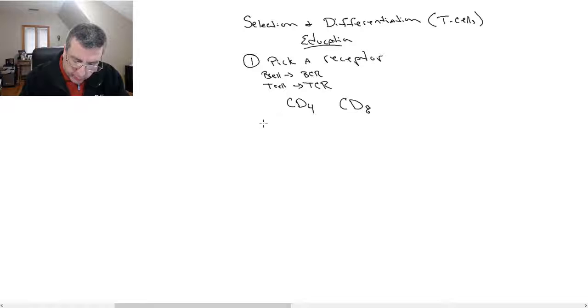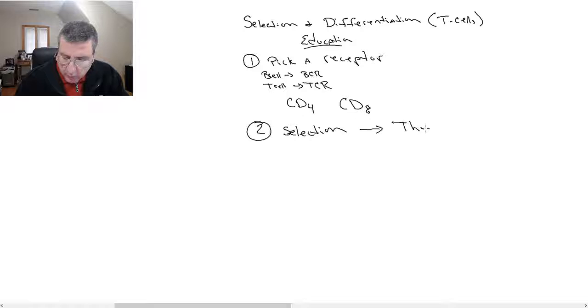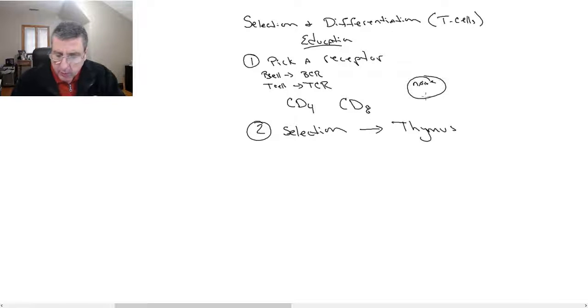So now we're going to start step two, the selection phase. And for T cells, that's going to be the thymus. Now, this is a T cell, which is a naive T cell, and it has a receptor on it. Let me do a couple of different colors here. I'm trying to remember what we did on the receptors before.